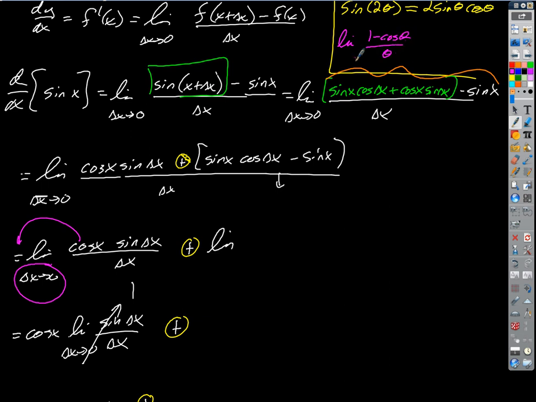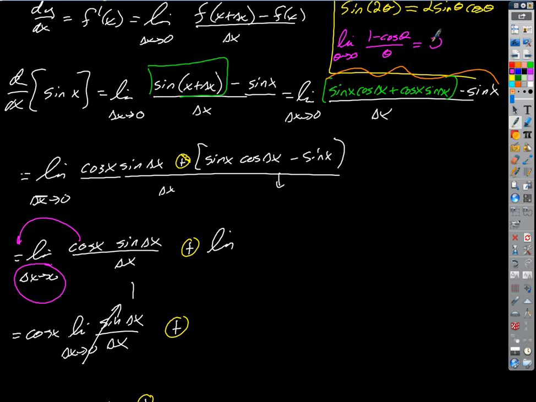This is our other standard trig limit, right? So we almost have that, right? Instead of theta, we've got a delta x. But I've got them backwards. This is the one that if I were to factor a sine out of this, I would end up with cosine theta minus 1. Agreed? I want 1 minus cosine theta.